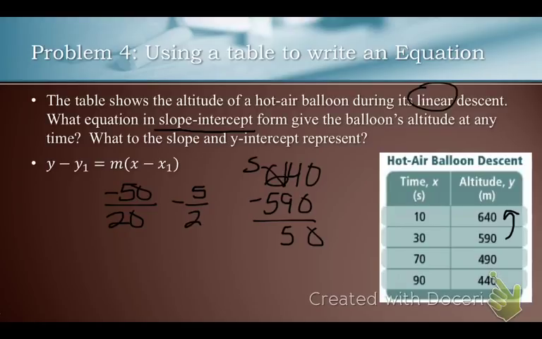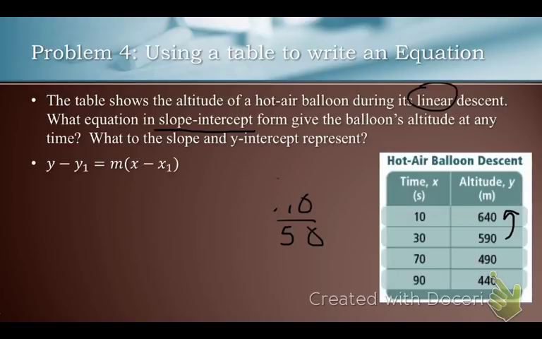I'm going to erase some of that because I believe that I will run out of space here. So knowing that my slope is -5/2, how can I continue?